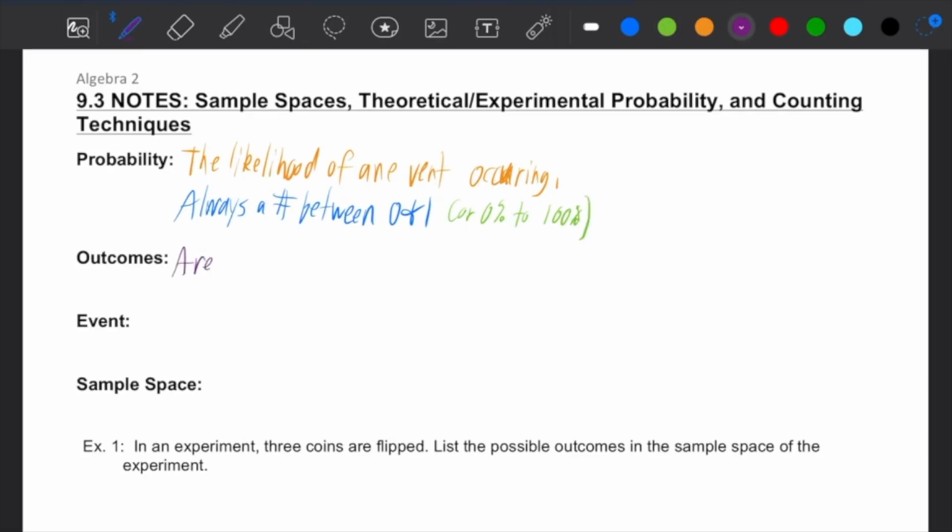Outcomes are the result of an experiment. An event is any set of outcomes, and then sample space is going to be all possible outcomes of an experiment.